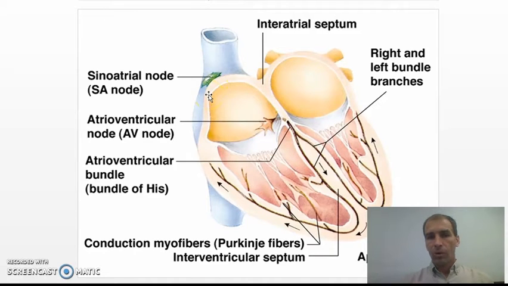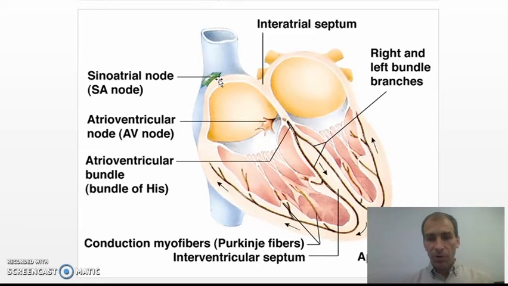Now, again, what makes cardiac muscle also unique is cardiac muscle cells are surrounded by what are called intercalated discs. And these pieces of tissue allow conduction to go from one cell to another very, very quickly. We don't really see this in skeletal muscle or smooth muscle, but we do in cardiac muscle. And because of that, we literally start to see all these cells around the SA node depolarize.